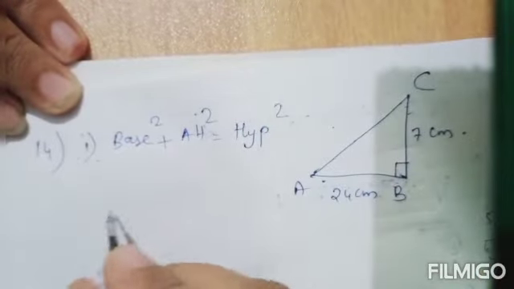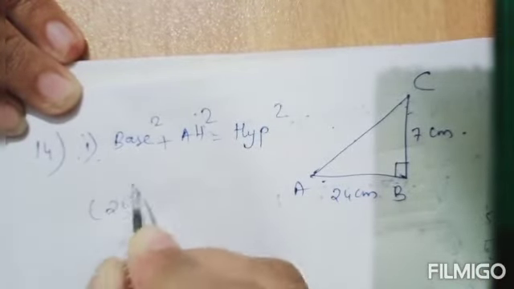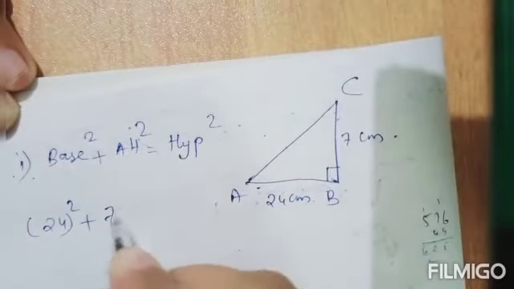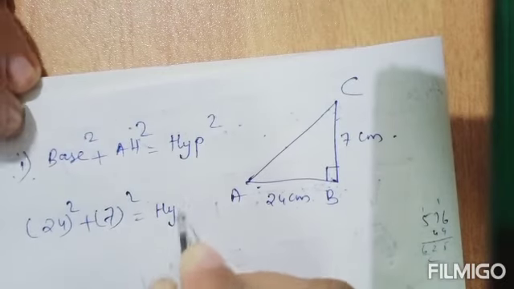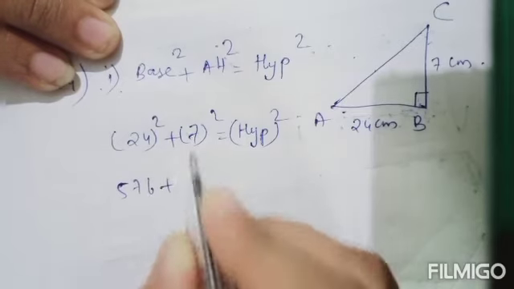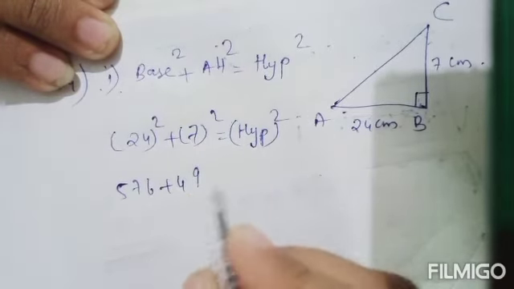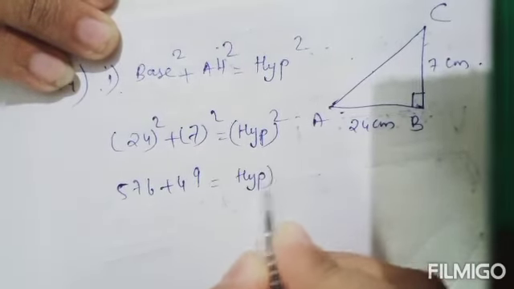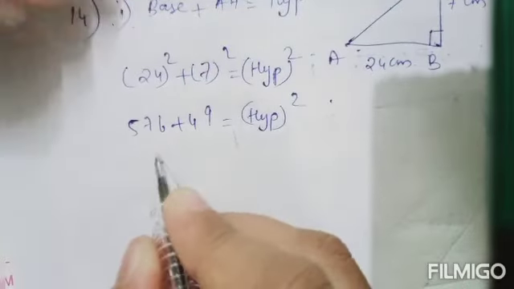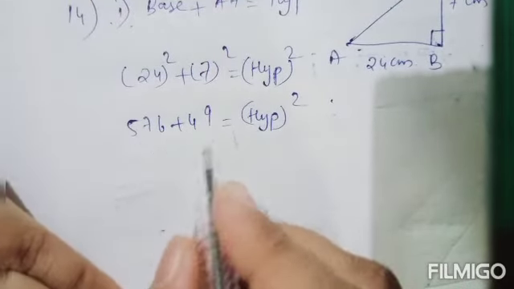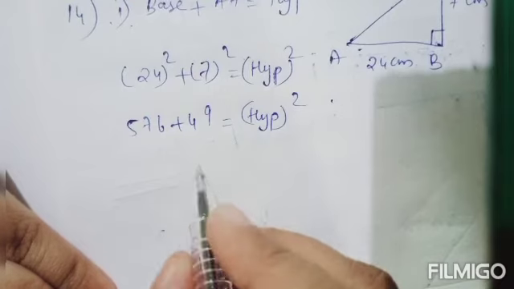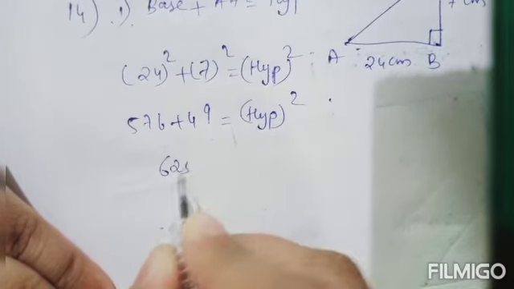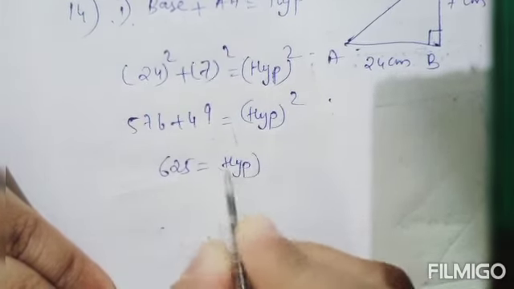So base 24 square plus altitude 7 square equal to hypotenuse square. 24 square is 576 plus 7 square is 49, that is 576 plus 49 you will get 625 equal to hypotenuse square.